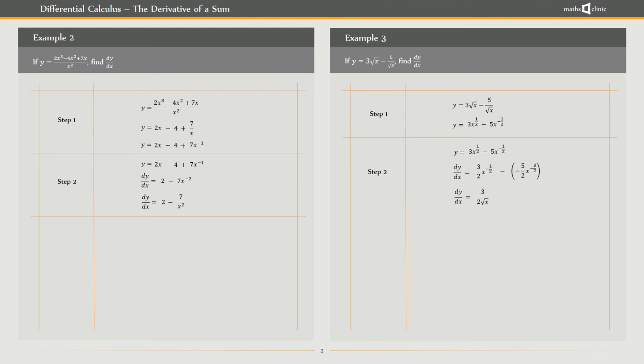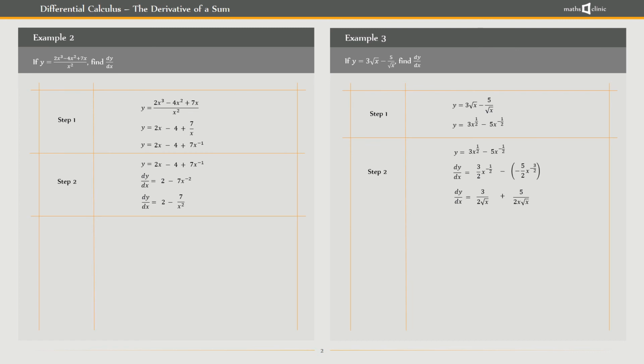Then we can say dy/dx equals 3 over 2 root x. We have x to the power of minus 1 over 2 in this case, so we have 3 over 2 root x, and minus minus becomes plus, plus 5 over 2x root x.